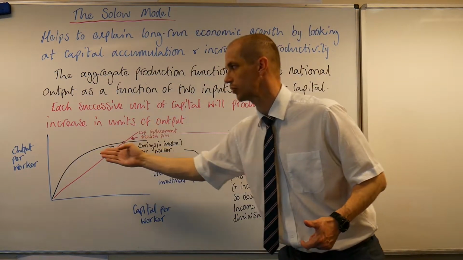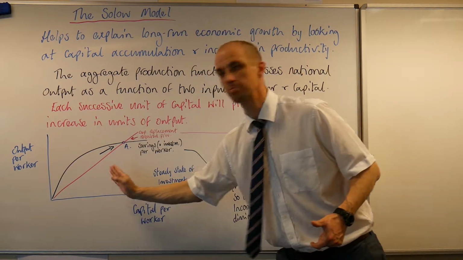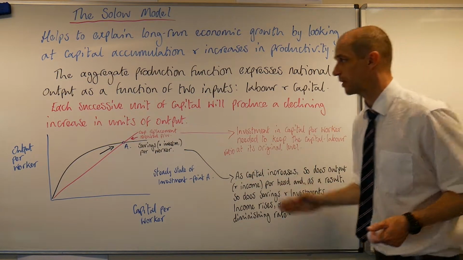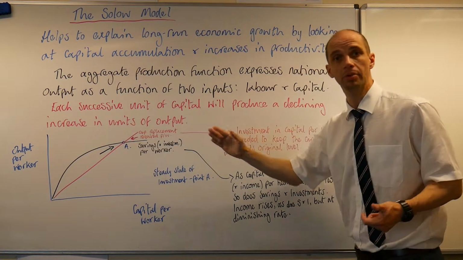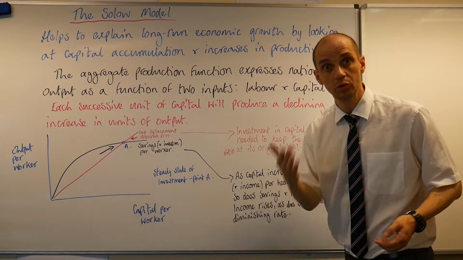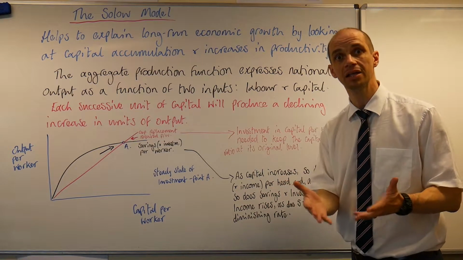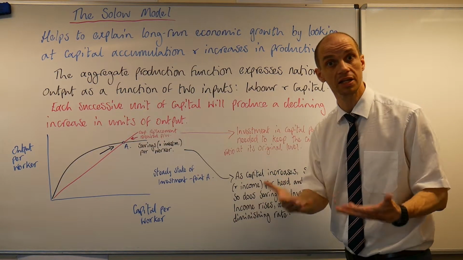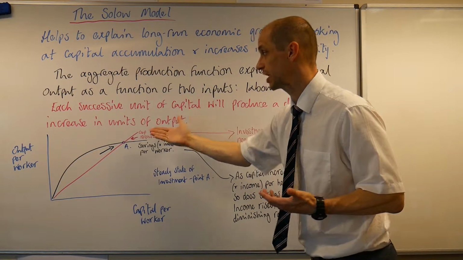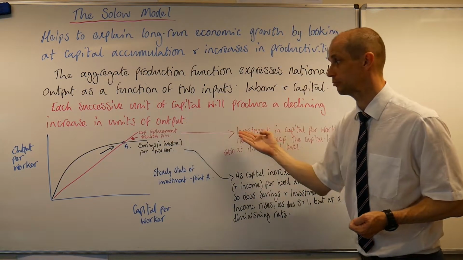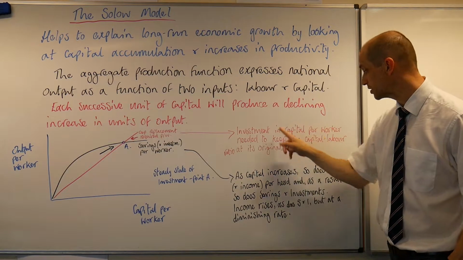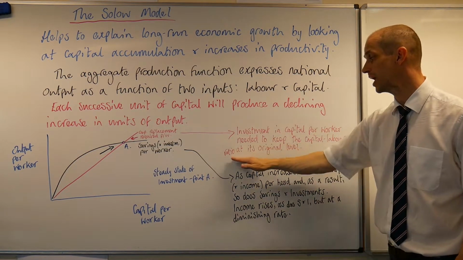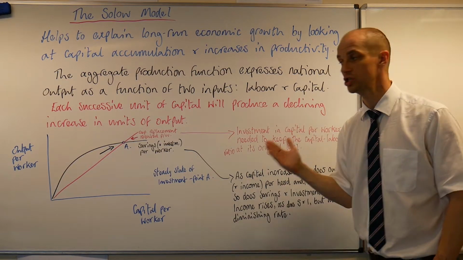So a 10% increase in output per worker would be matched by a 10% increase in capital per worker. Now, here you've got to remember that capital goods will depreciate. They require maintenance, they suffer wear and tear, and as such, that needs to be accounted for. And this line helps us to understand that. It shows the investment in capital per worker needed to keep the capital-labour ratio at its original level.